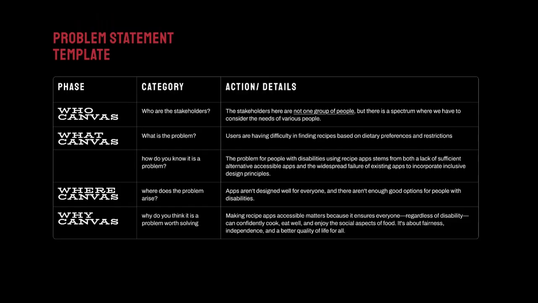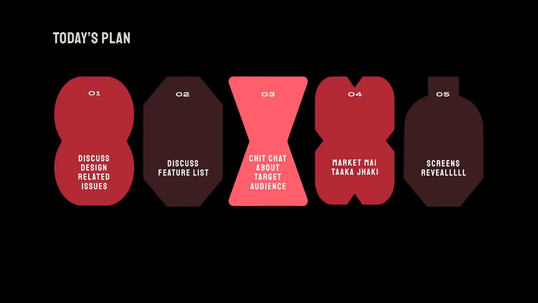It tells us where and when the problem is occurring. Finally, we have why Canvas, which ultimately gives the designer the purpose of why we are designing for the problem in the first place, which in this case is everyone, regardless of disability, can confidently cook, eat well, and enjoy the social aspects of food.